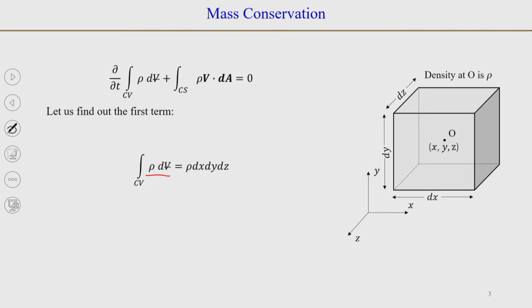But when we do the integral over the control volume, we will have that equal to rho dx dy dz. So, in this small control volume, the density is rho, the density at point O, times dx dy dz.